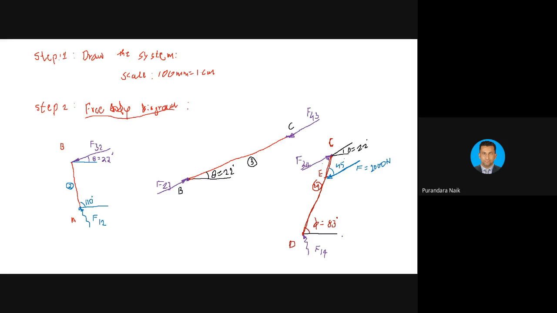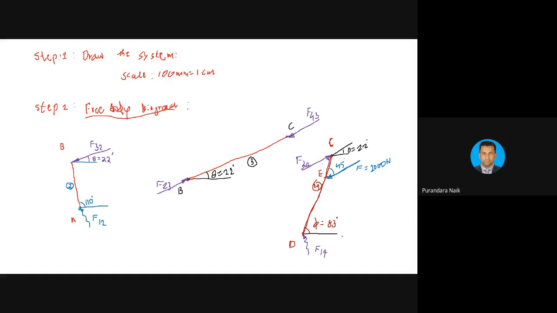Now, how to solve this problem? Can anyone give me an idea to start the problem, to find out the unknowns? Is it possible to take link number 2? No, both are unknown. Is it possible to take link number 3? No, both are unknown.